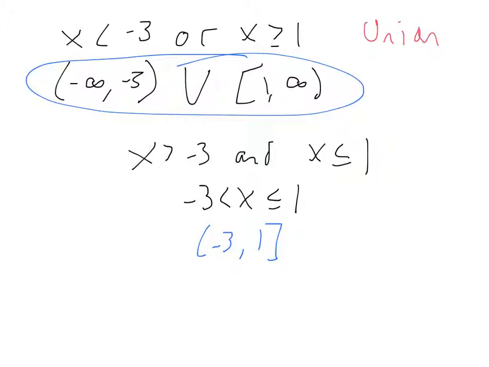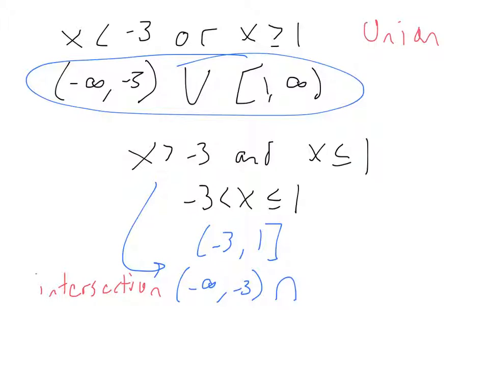An alternate way you could have gone about that is to write it in interval notation first, to sort of bypass this middle part here. It doesn't really matter how you do it, but you got to write the simplest possible set. So if you had said negative infinity to negative 3, and then what type of operation is this? It's an intersection, and we use the symbol for that as an upside down U, right?